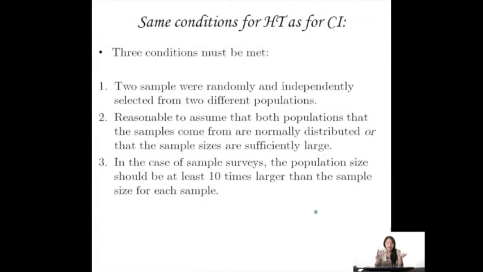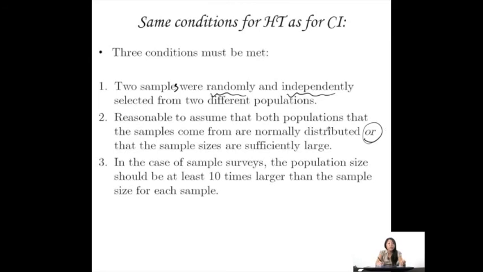So just to recap, the same conditions must be met in order to do hypothesis testing for two means as the conditions for doing a confidence interval for two means. So it's that the two samples were randomly and independently selected from two different populations. It's reasonable to assume that both populations that the samples come from are normally distributed, or the sample sizes are sufficiently large.